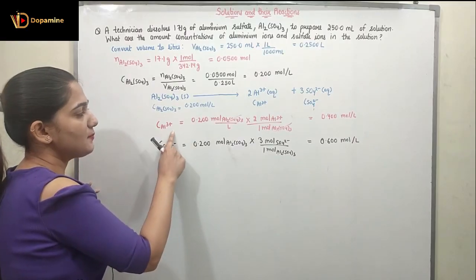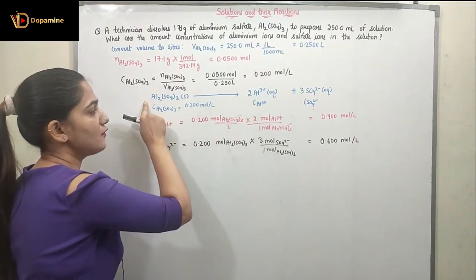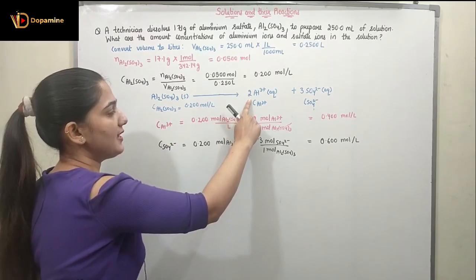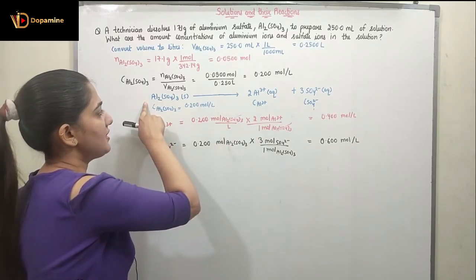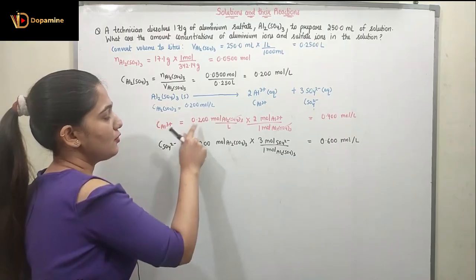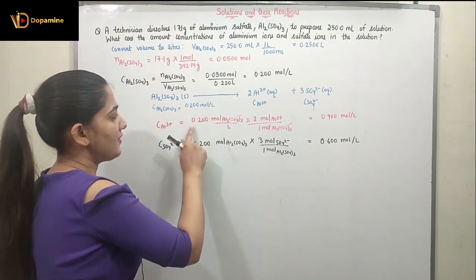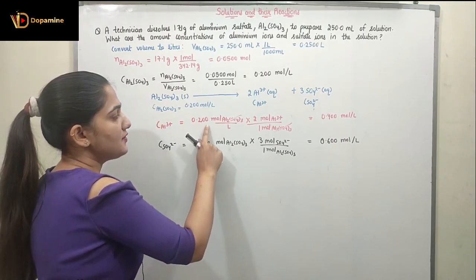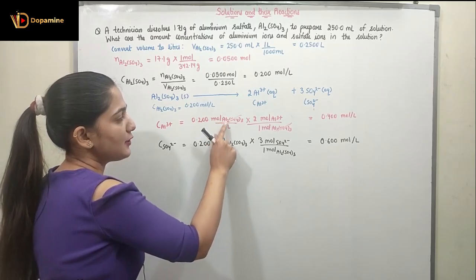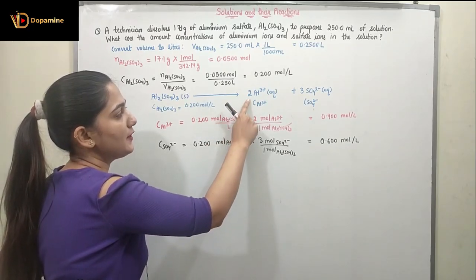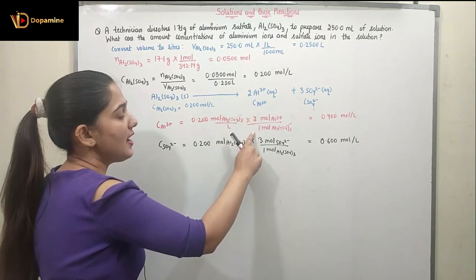So for the concentration of Al3+, we can see the coefficients over here. The coefficient with Al3+ is 2. The coefficient with Al2(SO4)3 is 1. So the concentration of Al2(SO4)3 is 0.200 mole per liter, which is multiplied with 2, the coefficient over here, divided by 1.